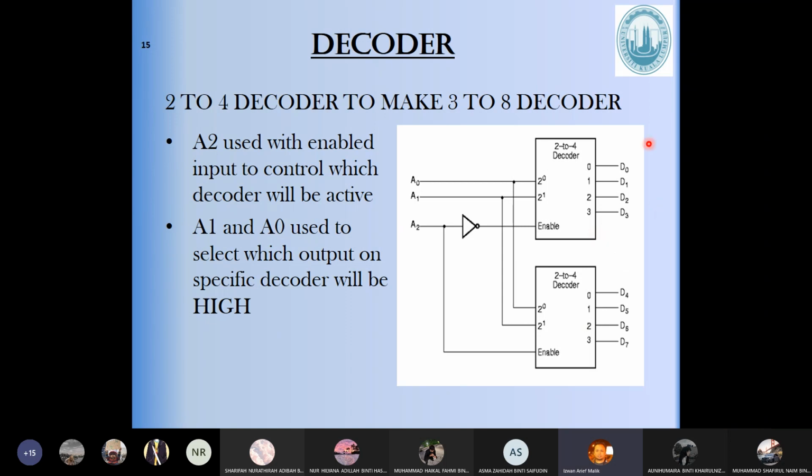Kalau output dia active low, yang ini active low, yang ini active high, it is still the same. Katakan 0, 0. Kalau 0, 0, yang akan menyala adalah D0. Ini pun sama, yang akan menyala adalah D4. But kalau enable input ni, they are not the same. Maksudnya ini adalah active high, ini adalah active low, then yang itu yang akan ada problem. Contoh, katakan sini kosong, so dekat sini akan jadi 1, ini active high, bila dia terima 1, dia akan menyala.